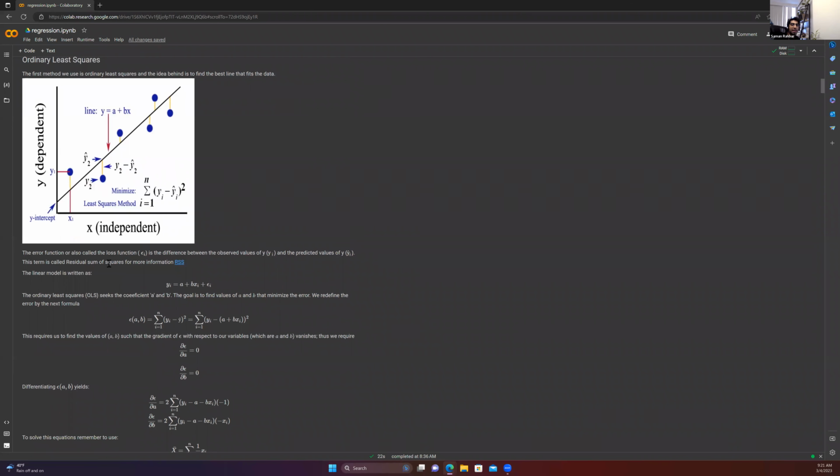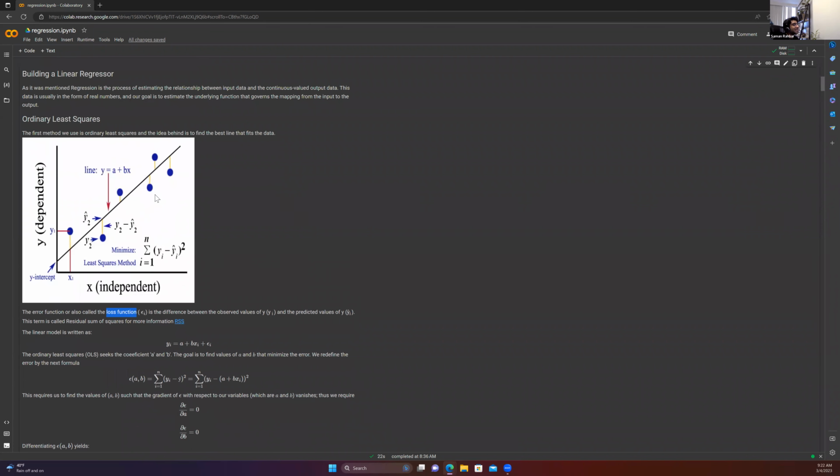So often in machine learning and in AI, we call this error functions and loss functions. As you go further in this program, you get familiar with these keywords. The loss function is basically the error term that we're trying to minimize. We're trying to optimize for the best fitted line that can describe the relationship between these two variables, the dependent and independent variables, right? And in order to do that, we want to minimize the error. So in linear regression, we want to minimize these distances.